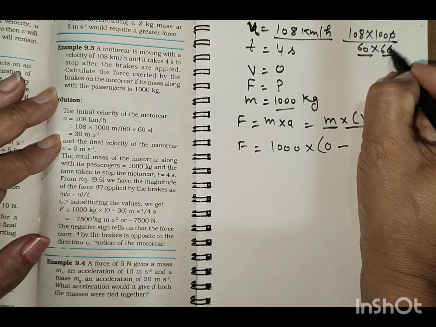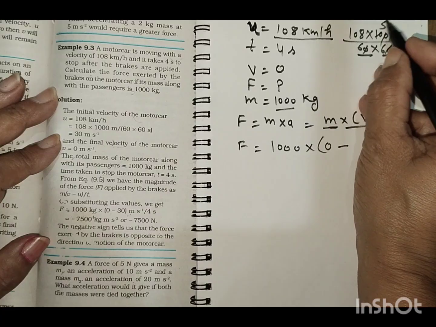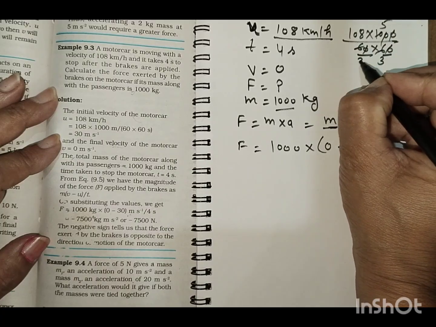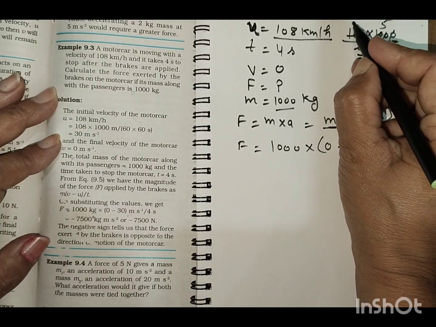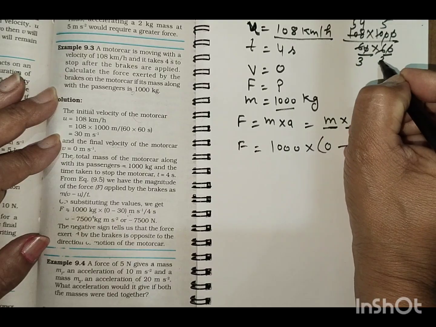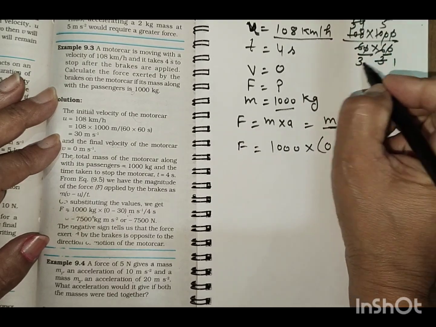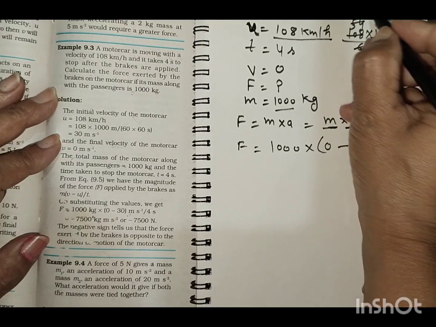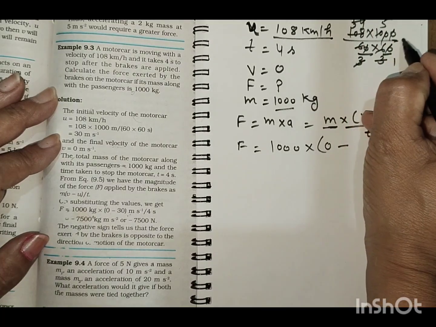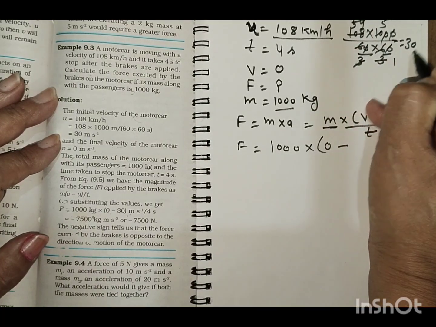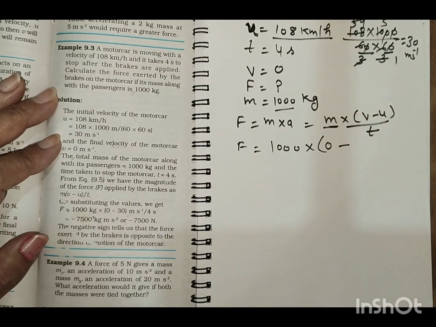Now divide it. 2 fives are 10, 2 threes are 6, 2 threes are 6, 2 fives are 10, 2 fours are 8, cut with the 3, 3 ones are 3, 3 eights are 24, 3 sixes are 18, then it becomes 6 fives are 30 meter per second.